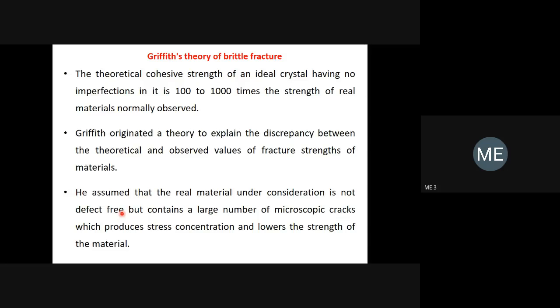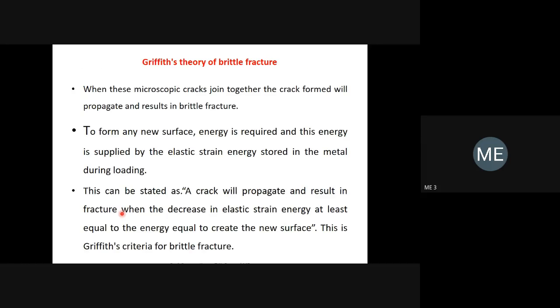Now Griffith tried to explain why there is such a huge difference. One reason is defects at the atomic level, the grain level, and the unit cell level. Those are different levels of defect. Whenever new cracks form, microscopic cracks join together, the crack propagates and results in a brittle fracture. Initially we have a small microscopic crack.